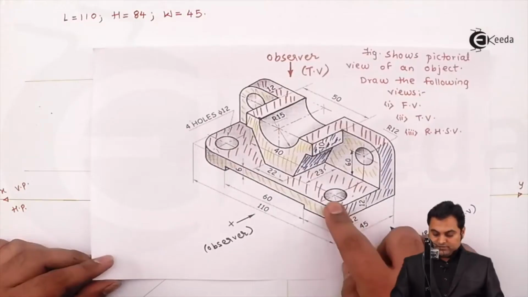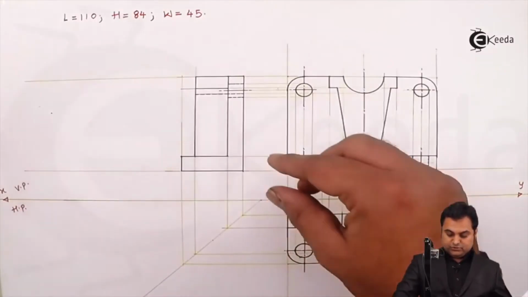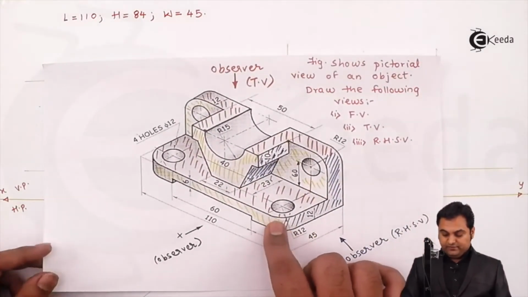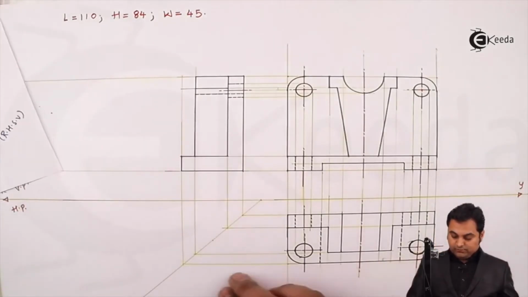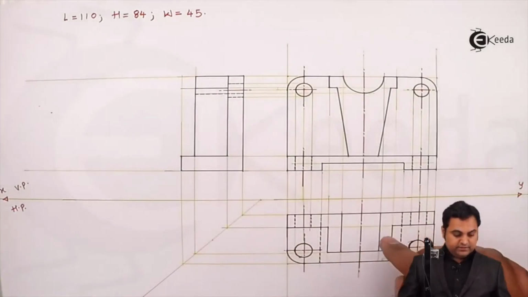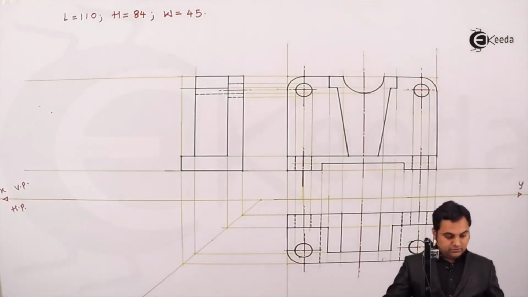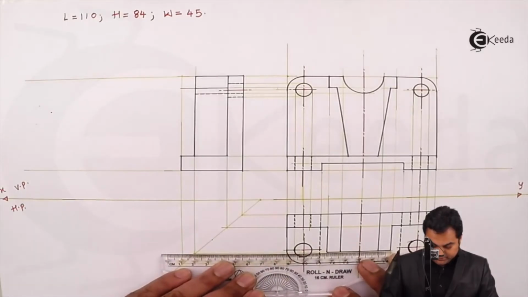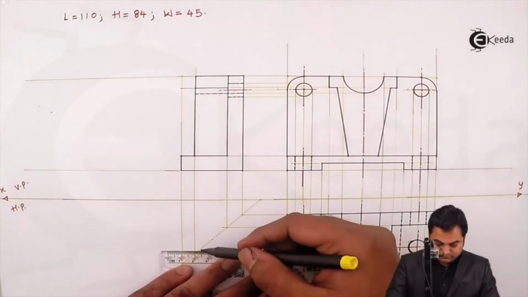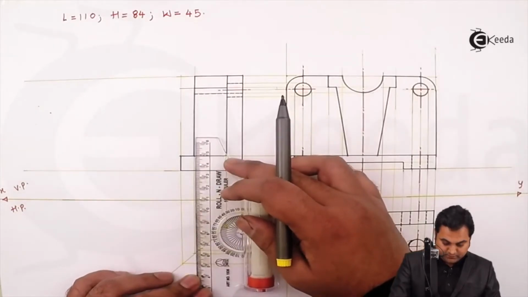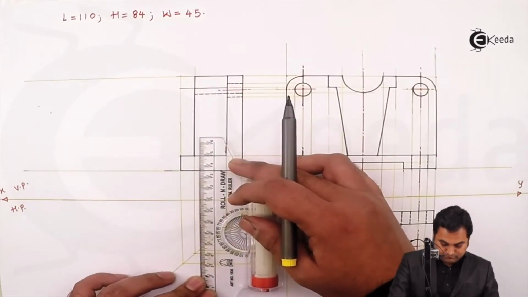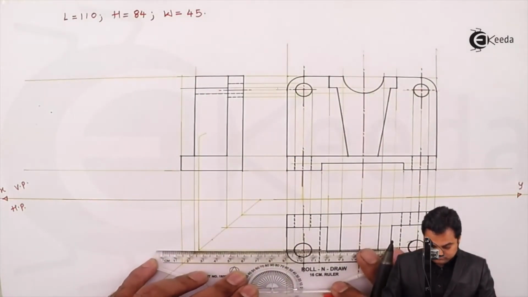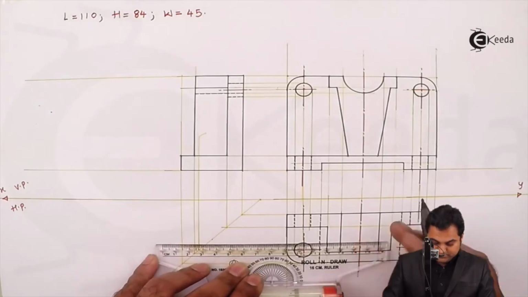Then looking from the side, the circle which is there in this base plate, which is 12 mm height, is also not seen from the side view. So I'll get it from the top view, that is getting its center. I'll show it here how it should be drawn. First projecting its center line and then taking it upward. Then projecting the circles here.